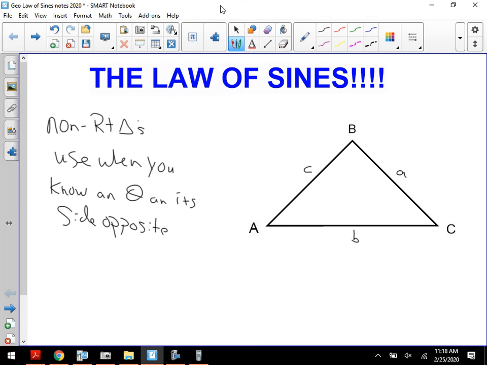What happens here, guys, is you get this pretty quick setup. Okay. Law of sines basically says the sine of an angle is to its side opposite, the sine of the other angle to its side opposite, and so on. Obviously, in this case, we're not going to be using all three of those fractions equaling each other. You're going to need to write this down so you can do this.